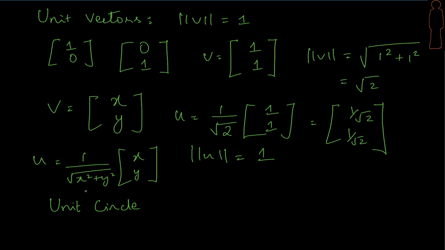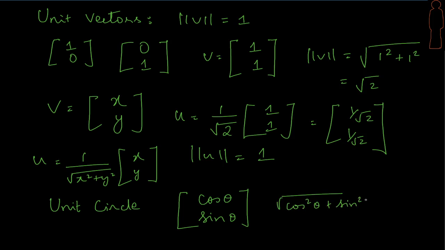So when we look at the unit circle, we can also look at this kind of format for unit vectors. Pick up any theta and fill this up. Any (cos theta, sin theta) pair will always form a unit vector, right? The reason is that the root of cos squared theta plus sin squared theta, for any theta, is going to be 1, and therefore this will always form a unit vector.